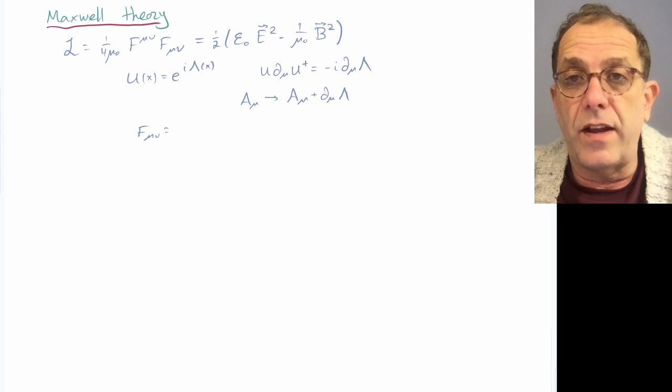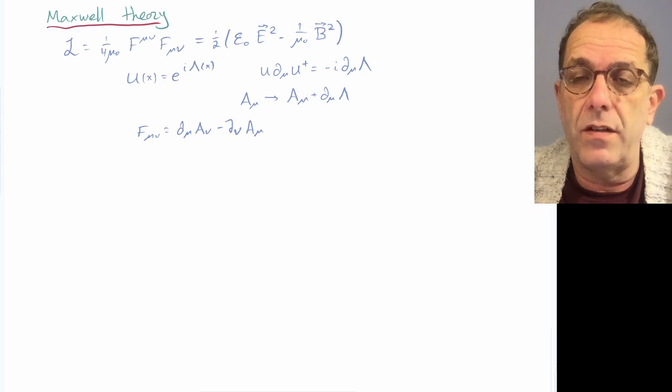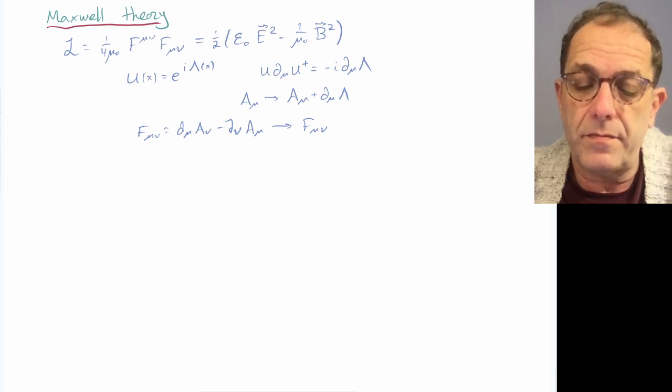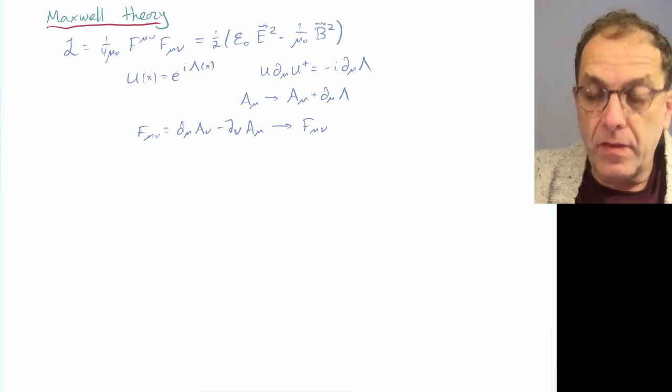The field strength, which includes the electric and magnetic fields, is the derivative of the potential, and because of the antisymmetry, it is gauge invariant. It transforms to itself. So it on its own is a good gauge invariant observable.